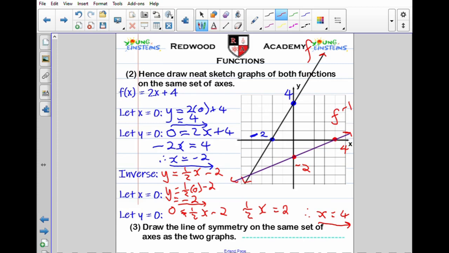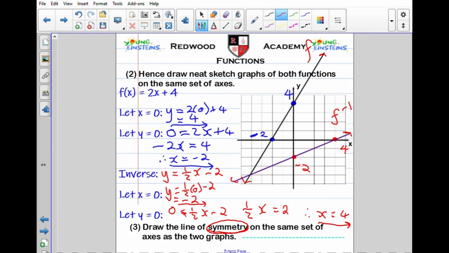All right, so the next question then says, draw the line of symmetry on the same set of axes as the two graphs. Now, what does symmetry mean? Symmetry means cut in two exact halves, right? So divide equally.